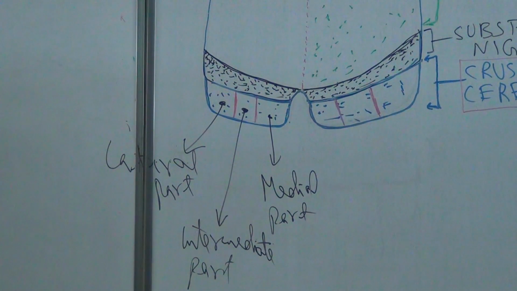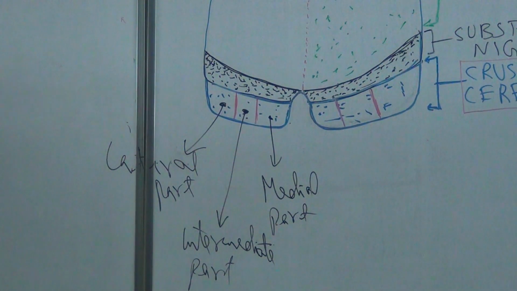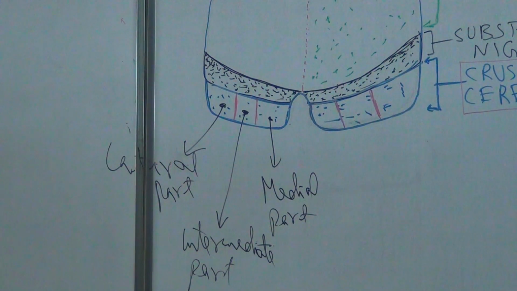What are the descending or motor tracts descending through the three parts of the crus cerebri?